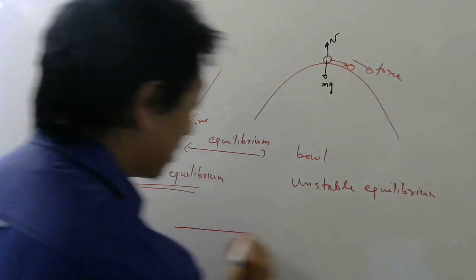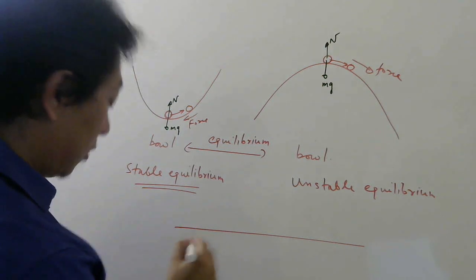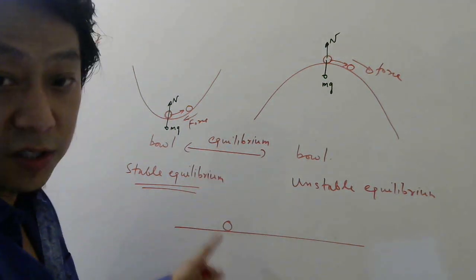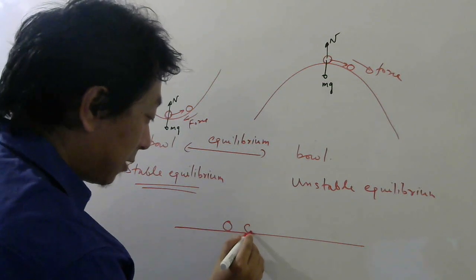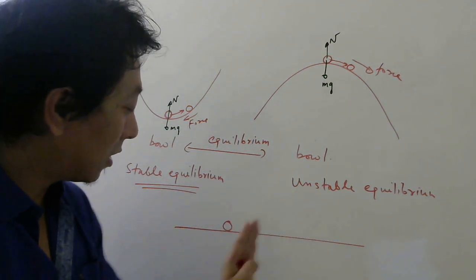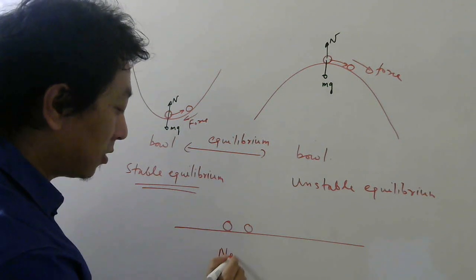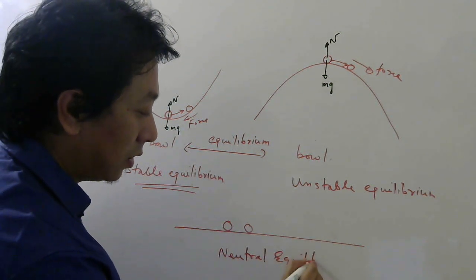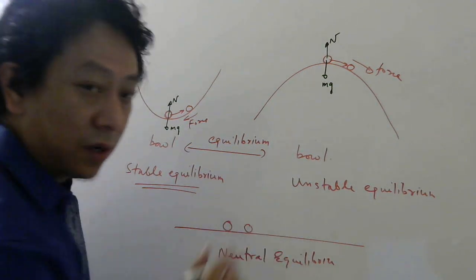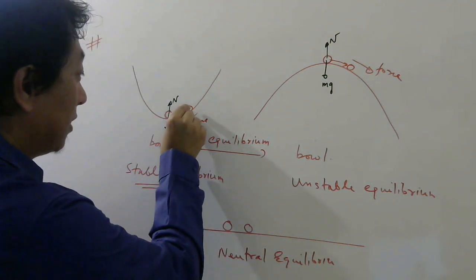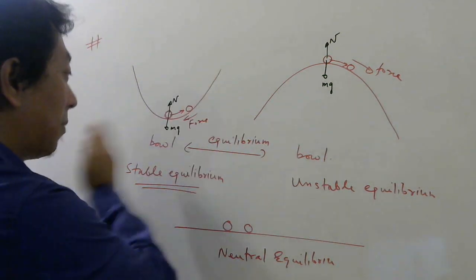If your surface was flat and you keep the bob here, then mg will be balanced by the normal force here also. If you slightly displace it, there also it will be balanced. So it will not go this side or that side. This kind of equilibrium is called neutral equilibrium, where no matter where you keep it, the net force is 0. But here, if you slightly displace it, the force will be this side, so it will come back.